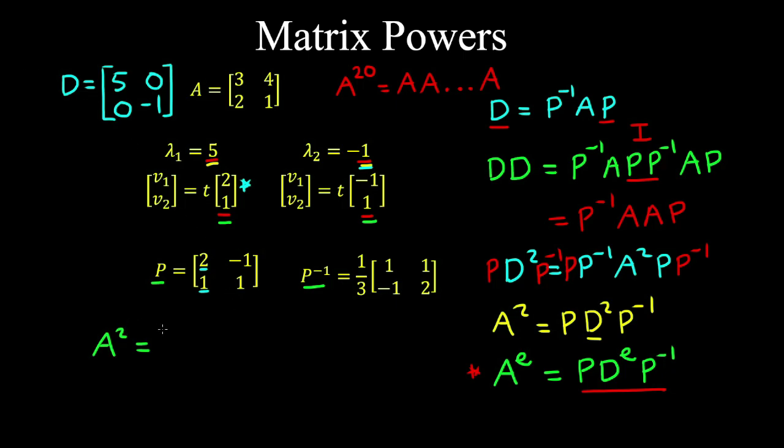So to obtain A to the power of 2, we multiply P by the diagonal matrix raised to the exponent, being 2 in this case. So D multiplied by D is the same as squaring its entries on a diagonal.